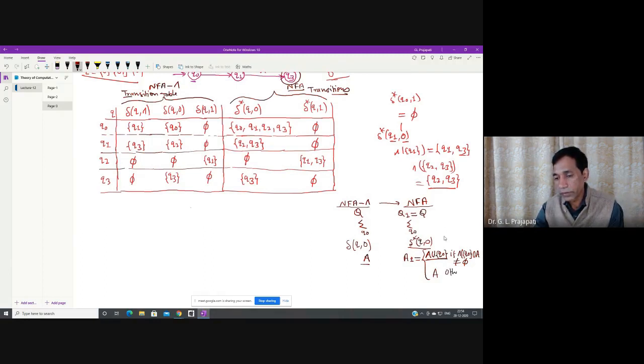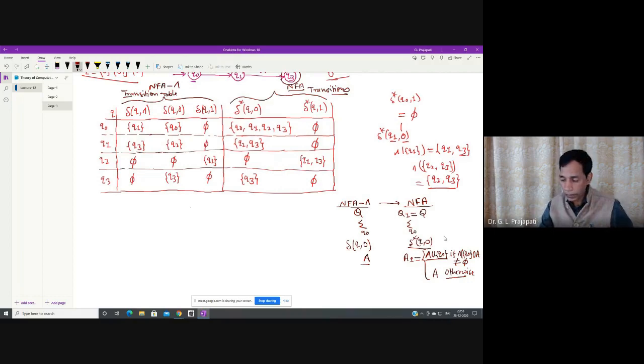So when the null closure of the initial state intersected with A is not empty, there is a way to reach the final state without consuming any input, and hence in the NFA the initial state should also be the final state. If there is no way, then you have only the final states which are the same as the NFA null.